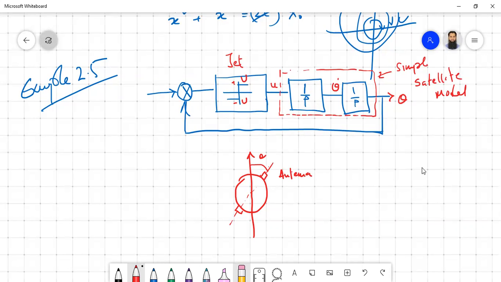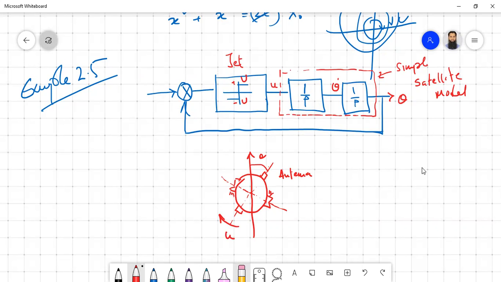Then there is some thruster or jet effect, using which it will try to oppose the direction of the rotation. It will try to get back to the initial position again. So this is the input that we are trying to apply.